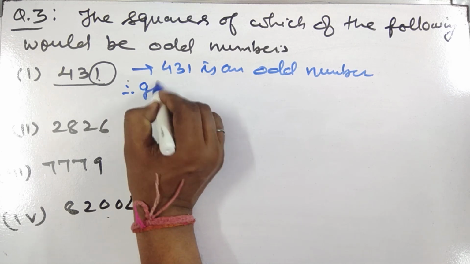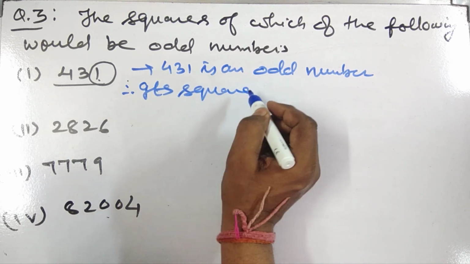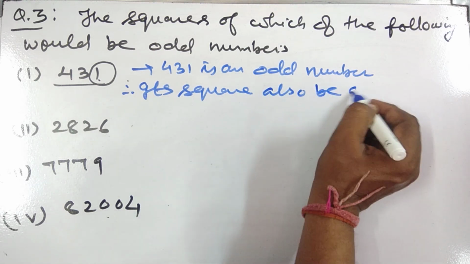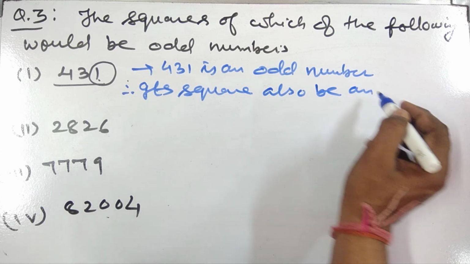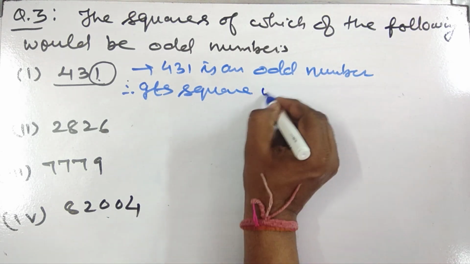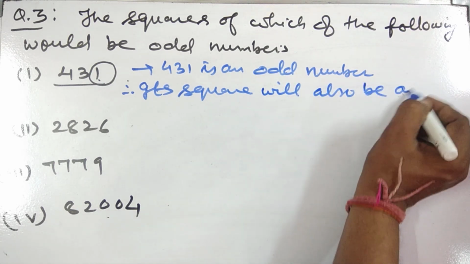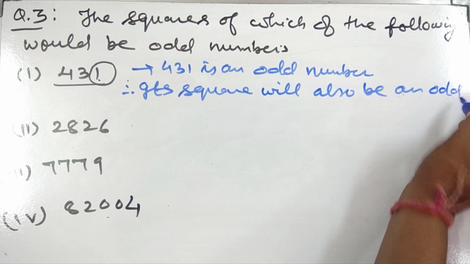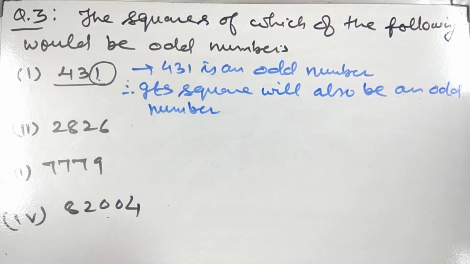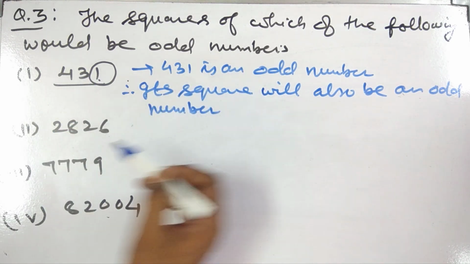Therefore, its square will also be an odd number. Students, if a number is an odd number, then its square is also an odd number.